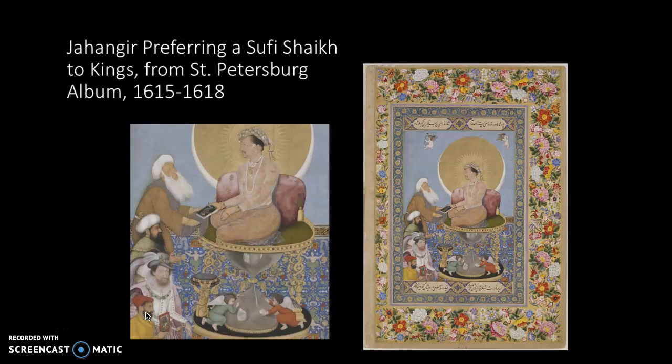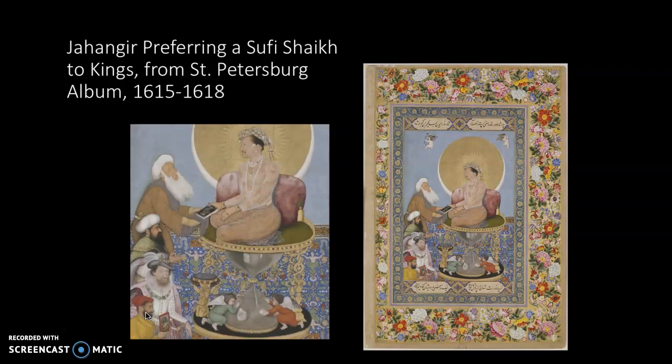And this, I think, really shows us the complexity of Mughal court life that was very culturally, ethnically and religiously diverse. And it also speaks to the prestige of the artists here.